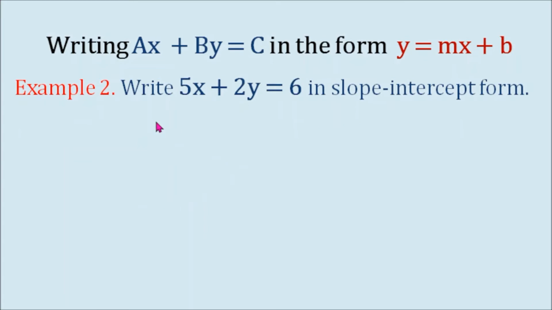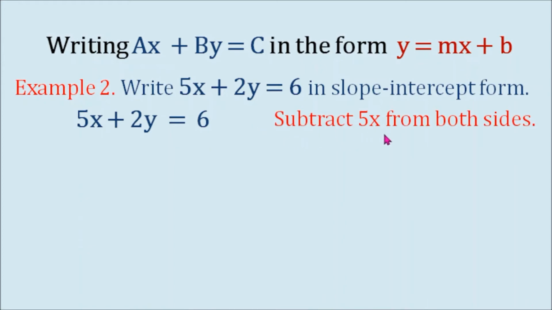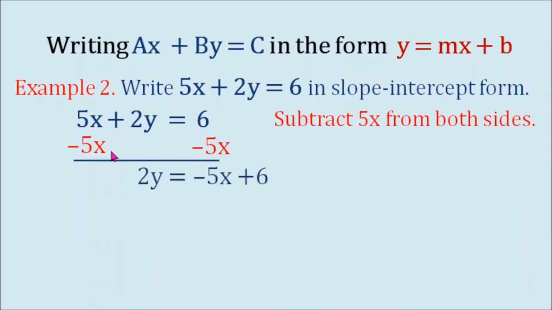Example number 2: write 5x + 2y = 6 in slope-intercept form. So this means we are going to isolate y on the left side of the equation. To do that, the first step is subtract 5x from both sides. After this step, this is what we get: 2y = -5x + 6.